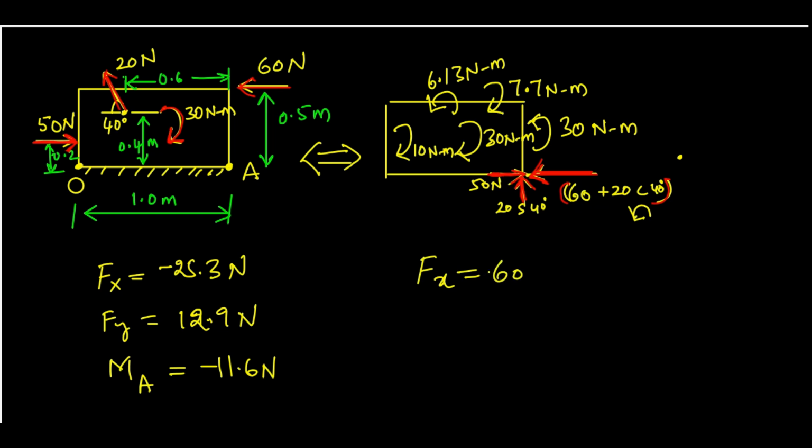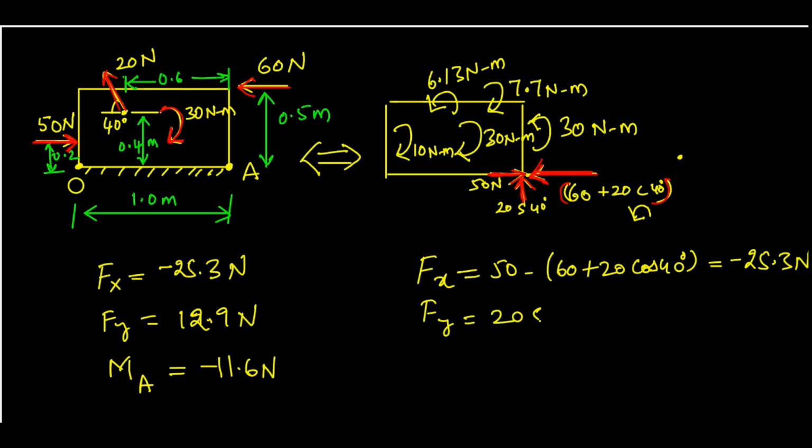Fx is 60 minus 50 minus 60 plus 20 cos 40 degrees. This will end up being the same as minus 25.3 newtons, and Fy is 20 sin 40 degrees, which is 12.9 newtons.